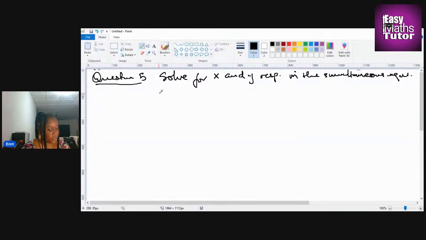The simultaneous equations are minus 2x minus 5y equal to 3. The second one is x plus 3y equal to 0.